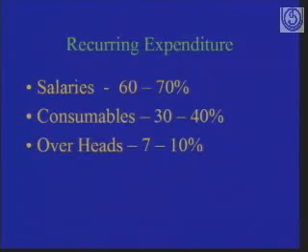Consumables take around 30 to 40%, out of which medicines and drug items consume 50% of it. That means almost one-fifth of our total recurring expenditure in a hospital is spent on drugs and medicines. Third is overheads, that means repair, maintenance, payment of bills, payment of taxes, so all these things come under it.